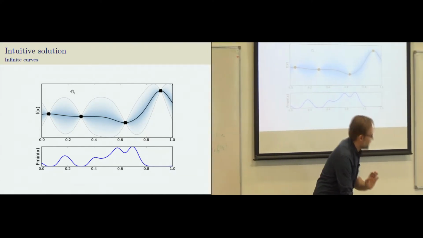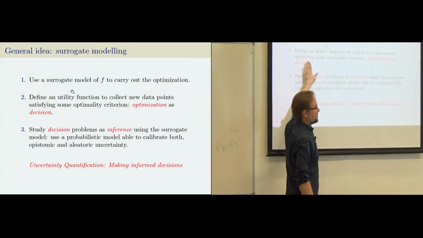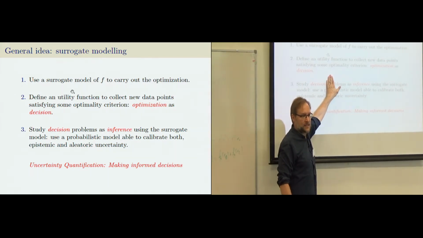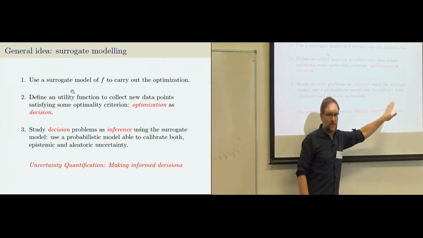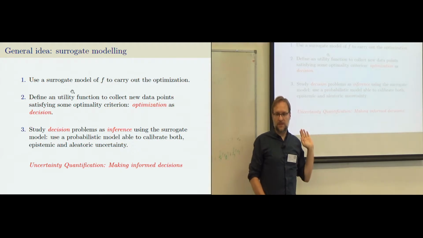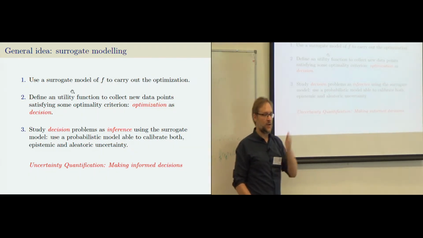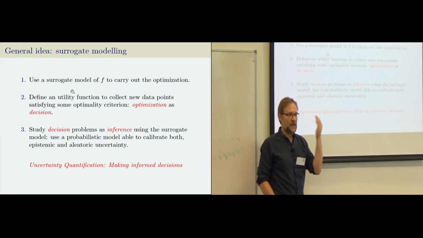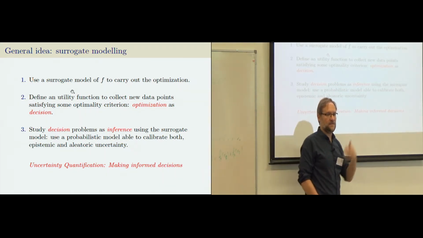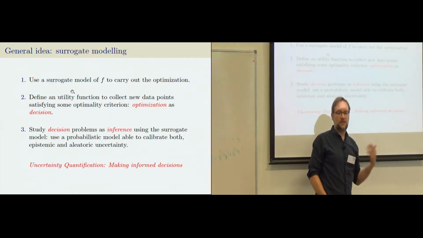So if you do that, what you are doing is you are transforming an optimization problem into a decision problem. The original optimization problem that you wanted to solve, finding the minimum of f, you have transformed into a sequential decision problem of deciding where to evaluate the function in the next iteration, right?